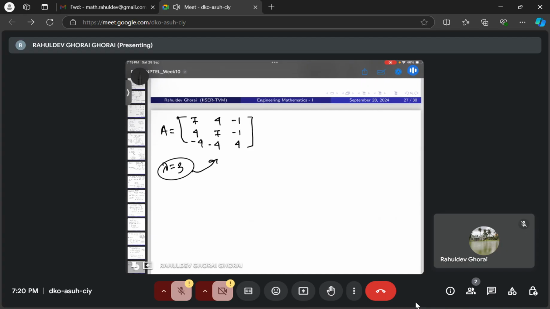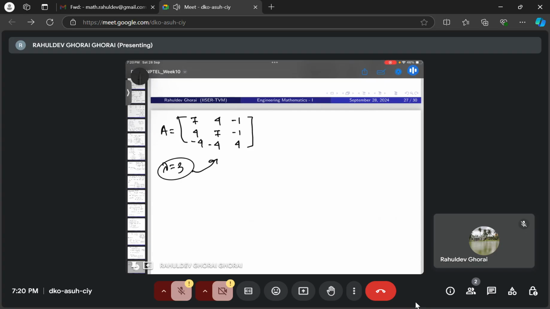Sorry, the algebraic multiplicity has to be greater than or equal to 2, right? Because corresponding to this eigenvalue 3, you get two eigenvectors which are linearly independent.